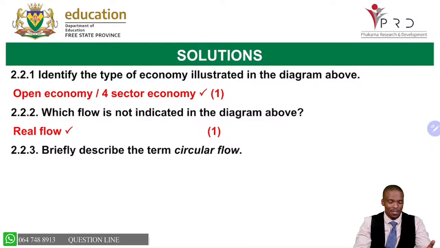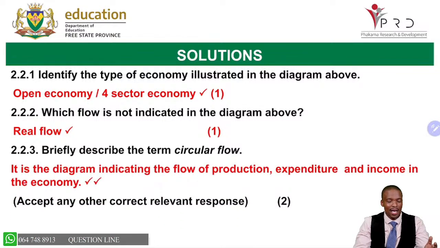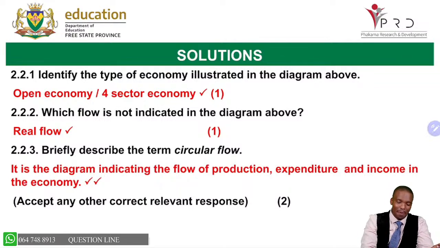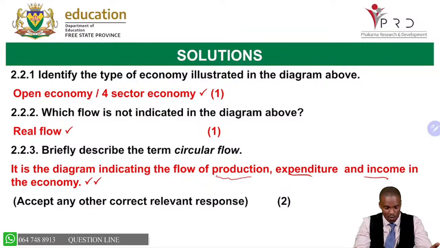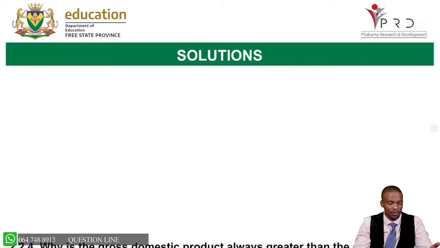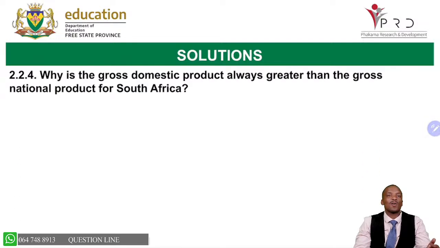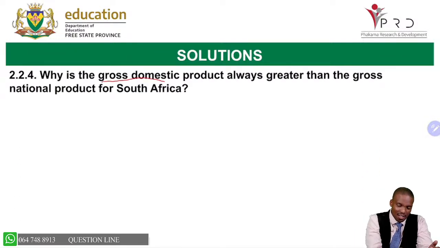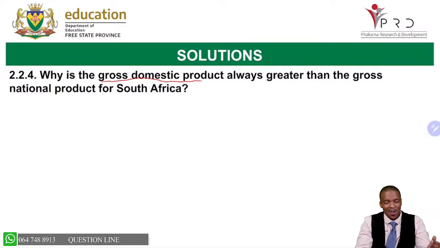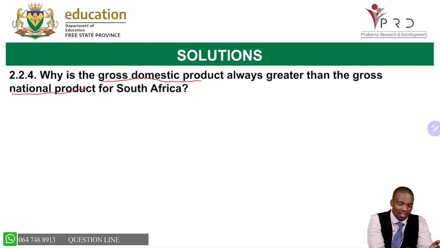Briefly describe the concept of circular flow. It is the diagram indicating the flow of production, the income, as well as the expenditure in the economy. Okay. Why is the gross domestic product always greater than the gross national product?